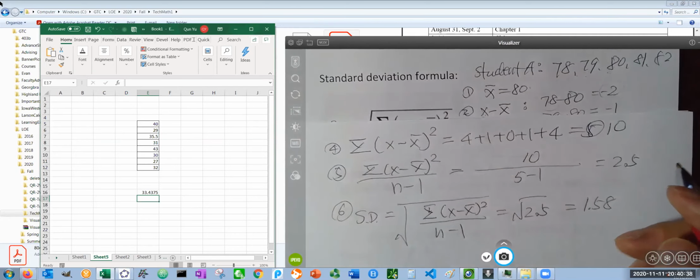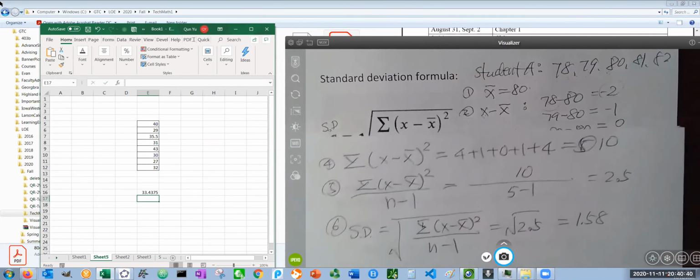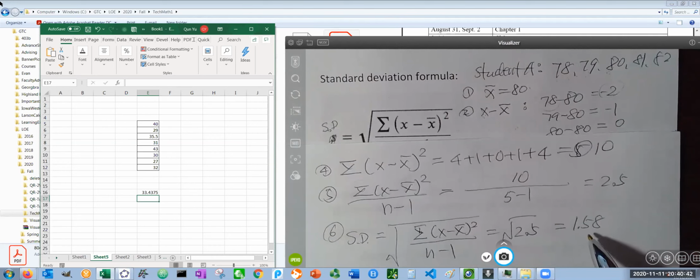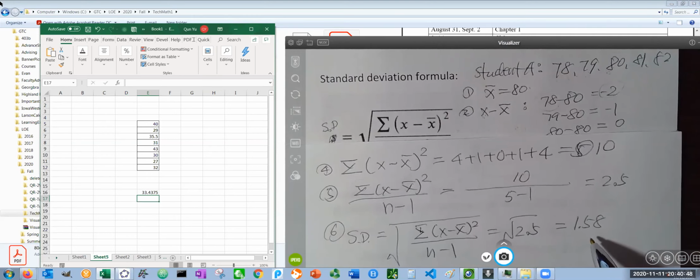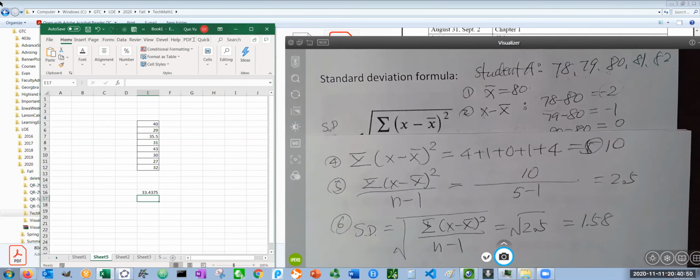And this is the standard deviation of the student A scores, and it represents the dispersion level, how dispersed the data set is. By having the single number, I'm sure it doesn't make much sense to you because it's just number 1.58. So what? What does it mean, 1.58, right? Yeah, very much so. I would think so too if I learned this as a student.